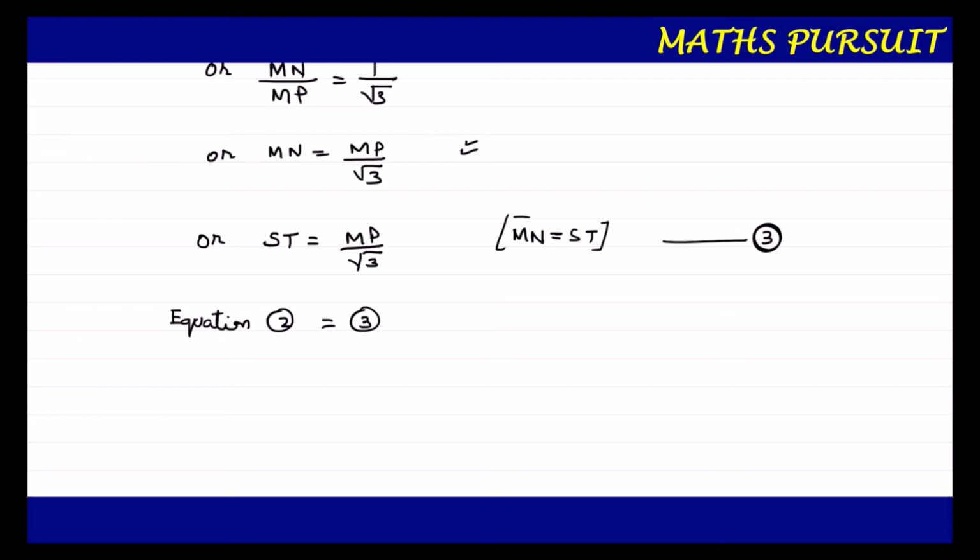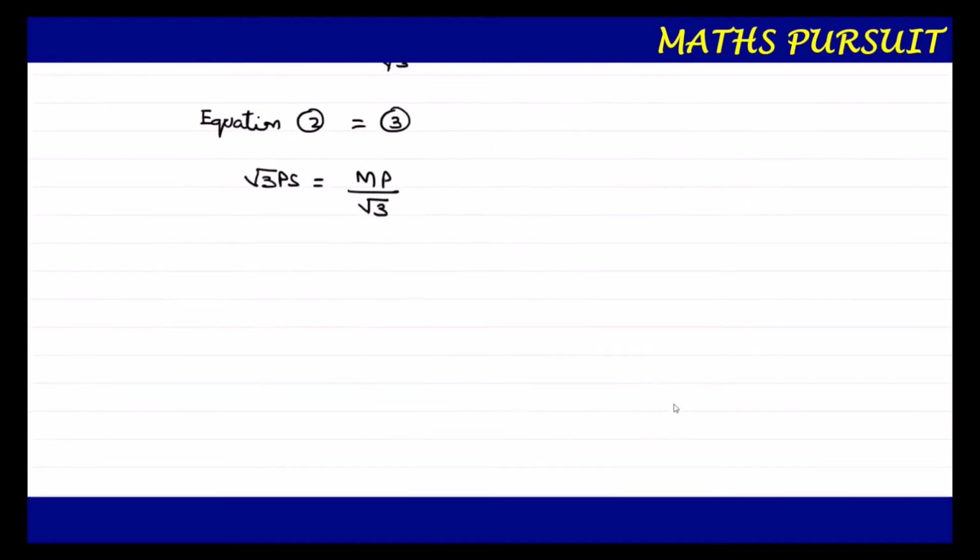Now let me replace the equations here. Equation number 2 says that ST is equal to root 3 PS, so I am going to write root 3 PS is equal to MP upon root 3. Or in other words, MP upon root 3 is equal to root 3 PS.